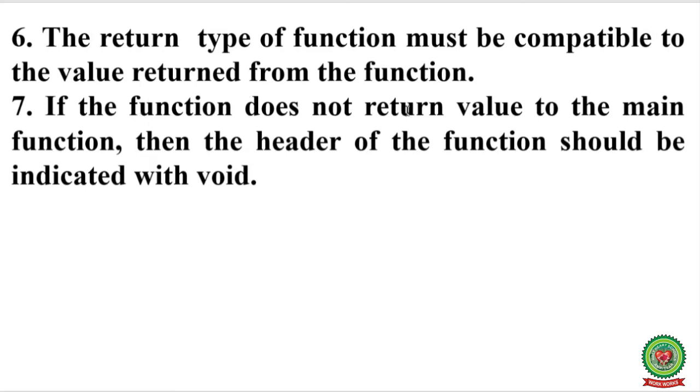Number 7, if the function does not return a value to the main function, then the header of the function should be indicated with void. It means we have to write public void sum. Now I am going to show you all these features with the help of a program.